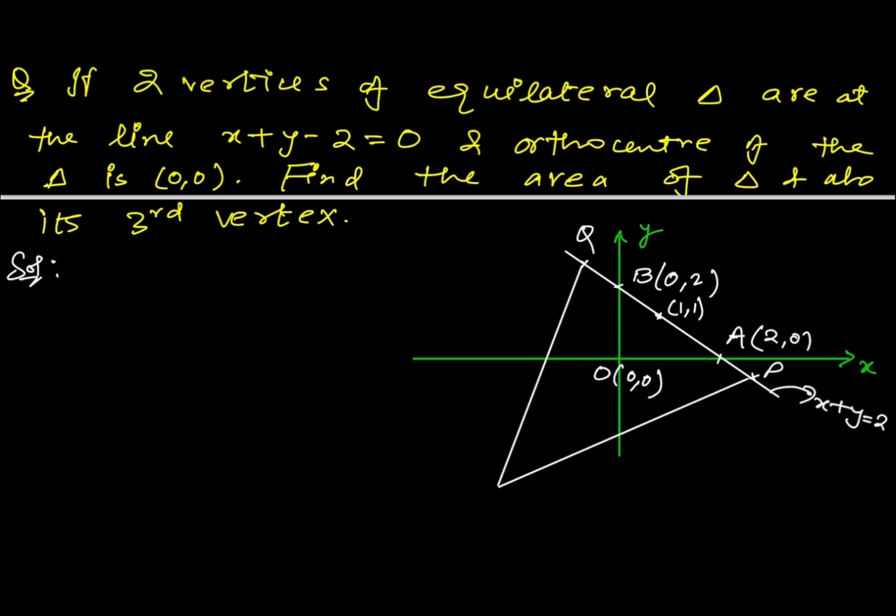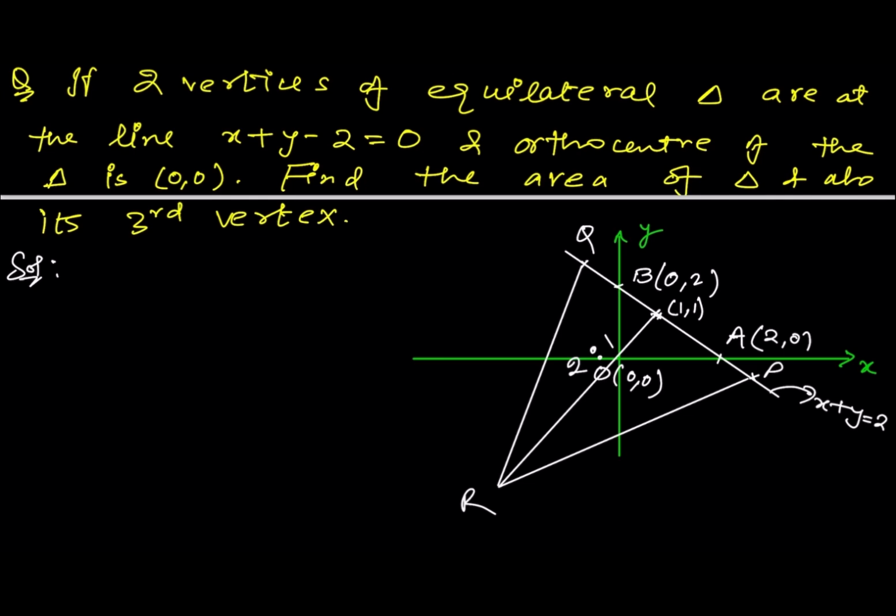And also the orthocenter is given, and we know very well that in an equilateral triangle the orthocenter is also the centroid. So using the property of the centroid, I can write the distance OR as well.